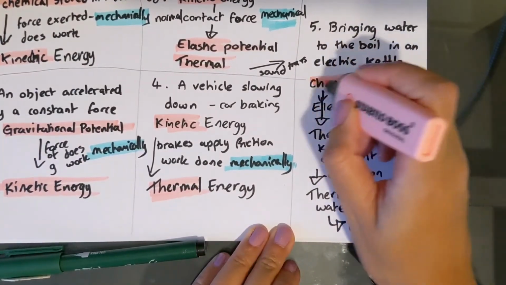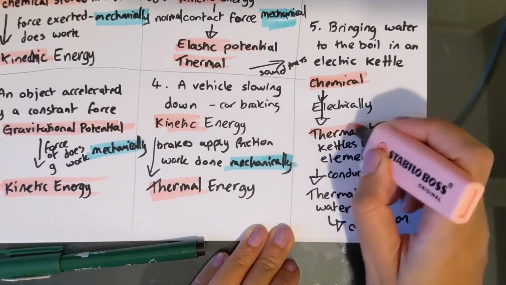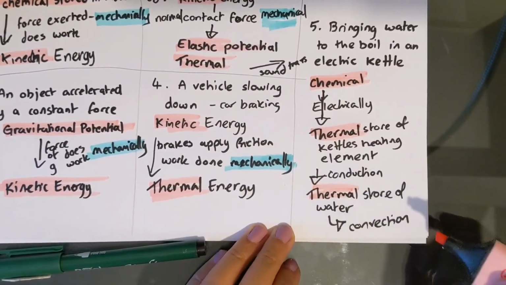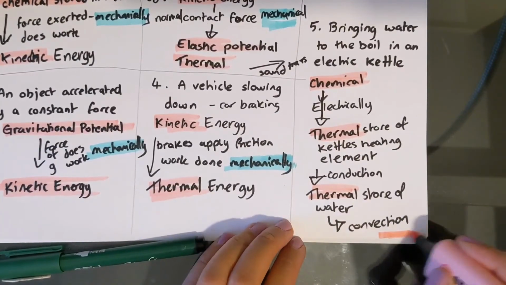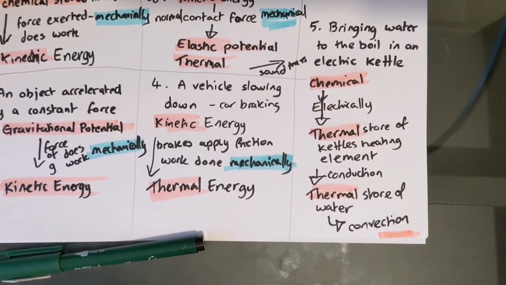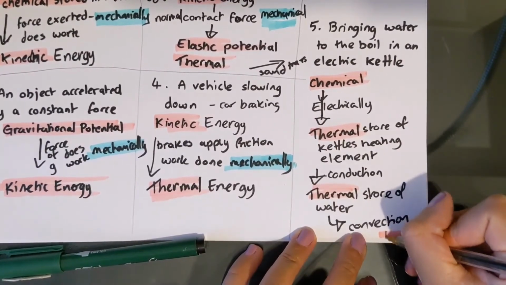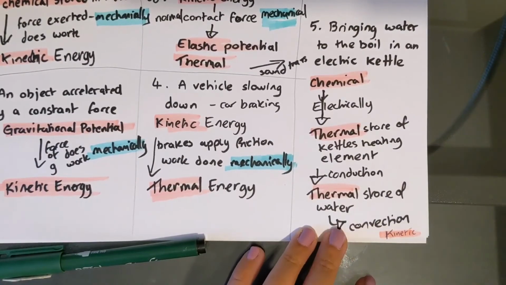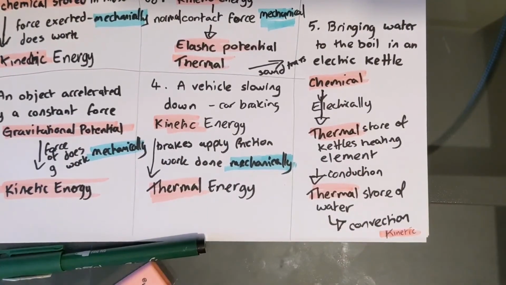Okay, so we've got chemical store in the power station, thermal store, the kettle's heating element, thermal store of the water. You could potentially say there's another store going on because the water molecules will be moving, but I'm just going to make that small because it's not necessarily one you need to come up with.